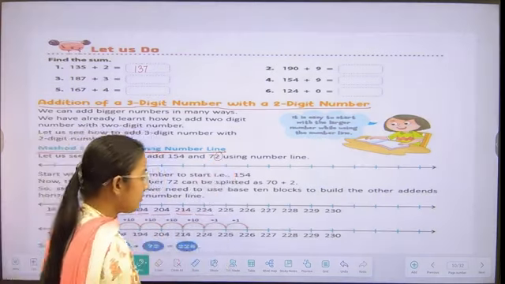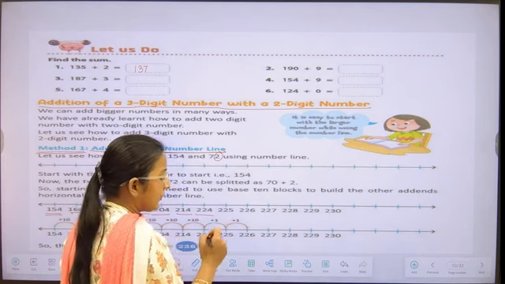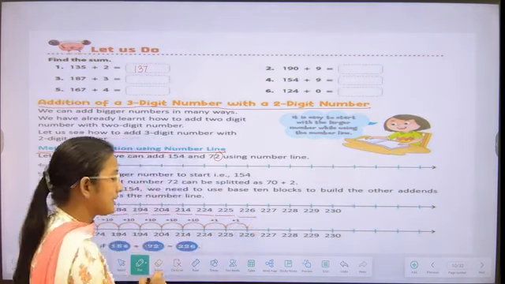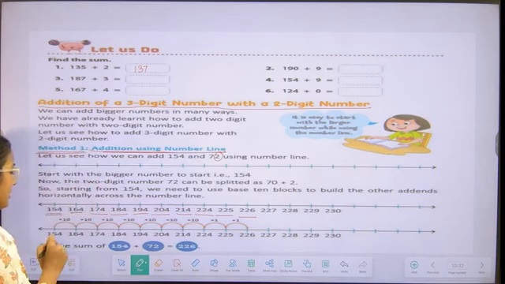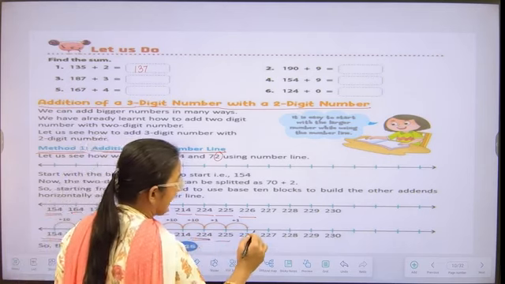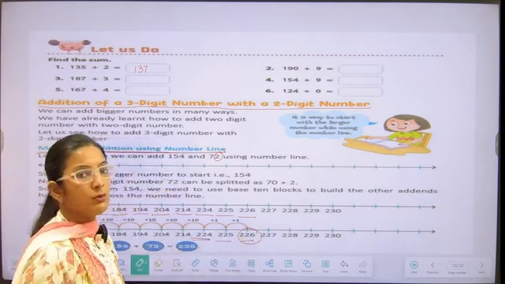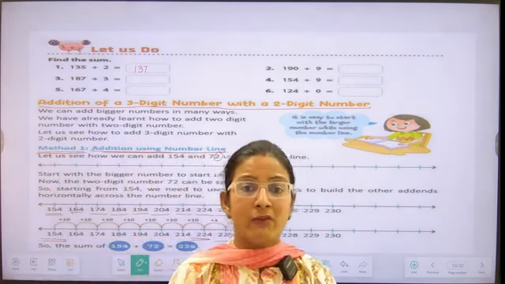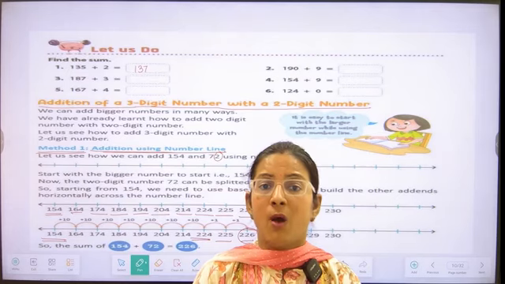So let's do it with me. After 224, we are getting 225 and 226. So we can say that if I'm adding 154 with 7 tens blocks and two ones blocks, I'm getting a sum of 226. So student, with this, we are adding the numbers on the number line.